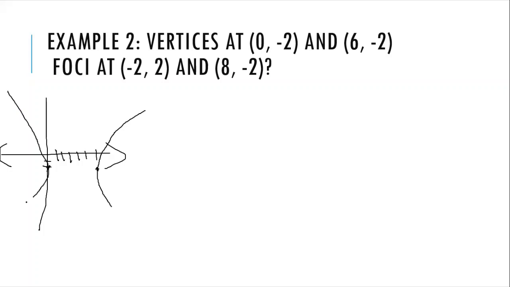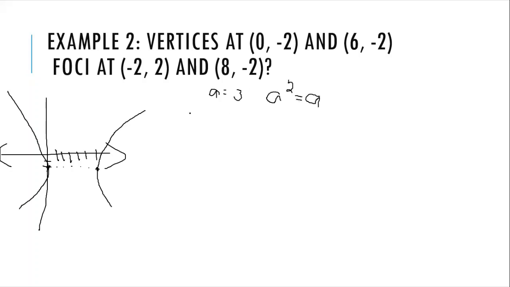Okay po. So let's count the steps po wherein saan sila mag-meet. 1, 2, 3, 4, 5, 6. So 6 steps for vertex 1 to reach vertex 2. 6 divided by 2, we have 3. So a squared po natin is 9.